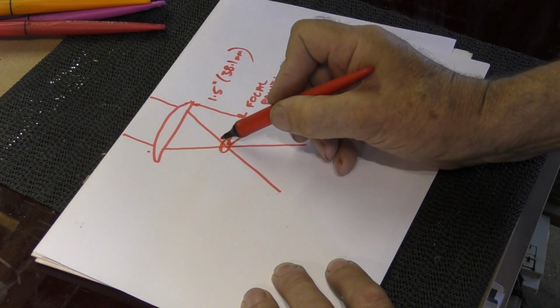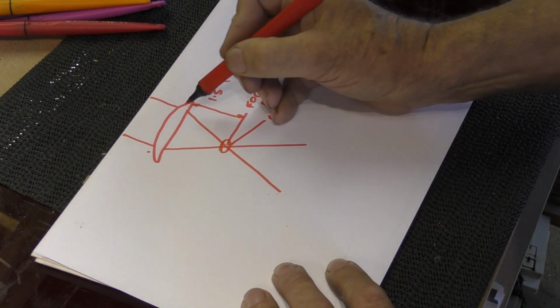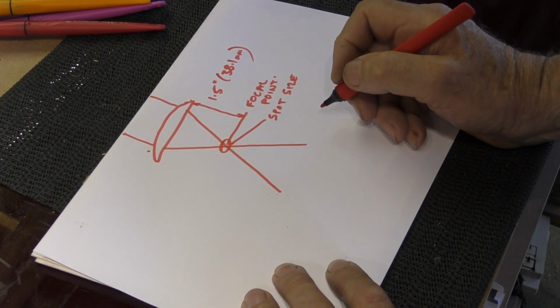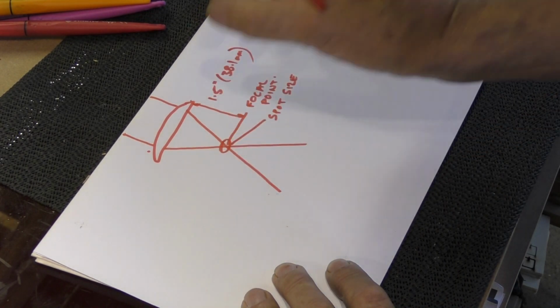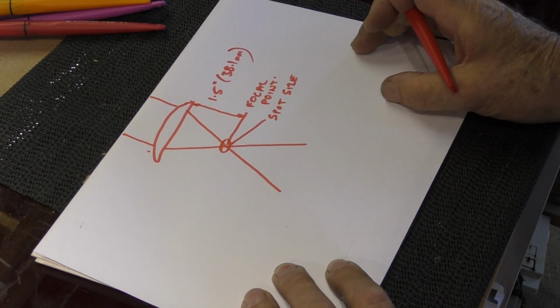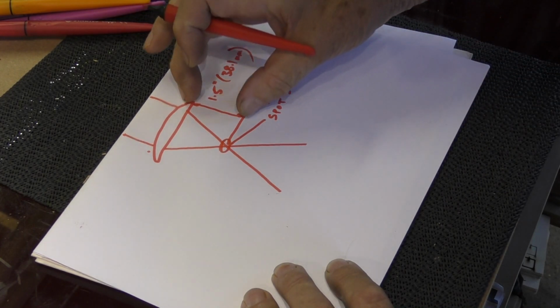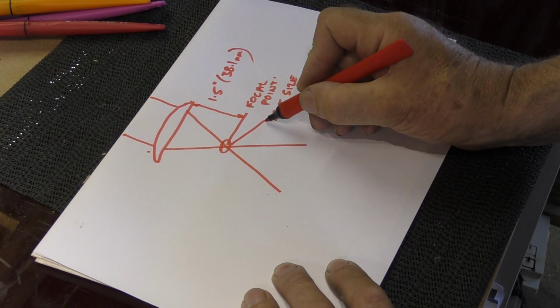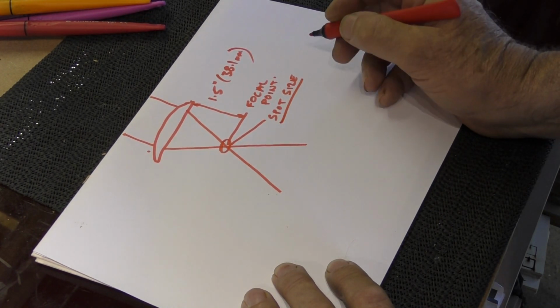Now, at the focal point there is a theoretical area called the spot size. That's the area through which every single ray of light theoretically passes, and that is dependent upon the wavelength of the light. So depending on the focal length and the wavelength of the light, there is a theoretical spot size.